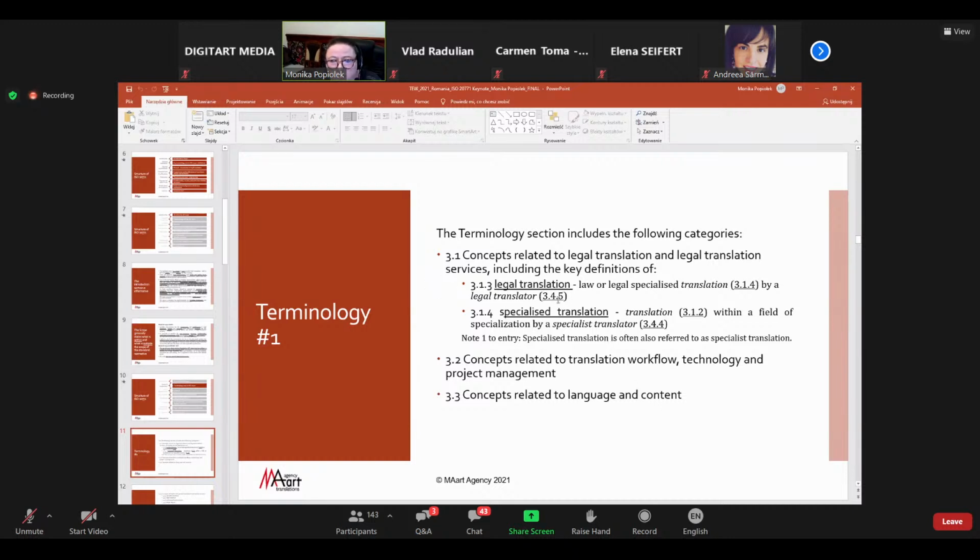I just gave those examples here to show you that in the ISO context, when you look at the terms and definitions clause, you see the definitions written like this: law or legal specialized translation, and then you see something in the brackets, and translation, for example, is italicized.